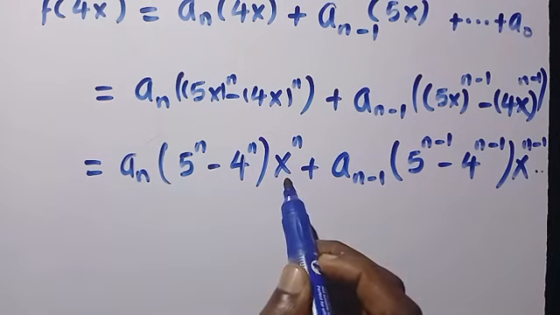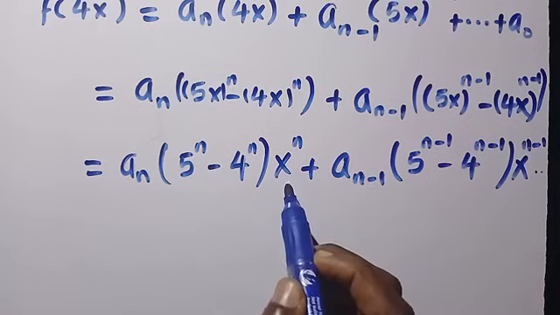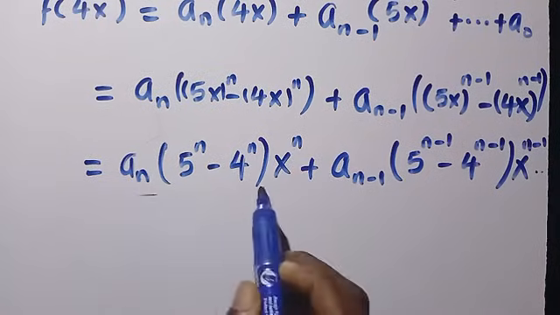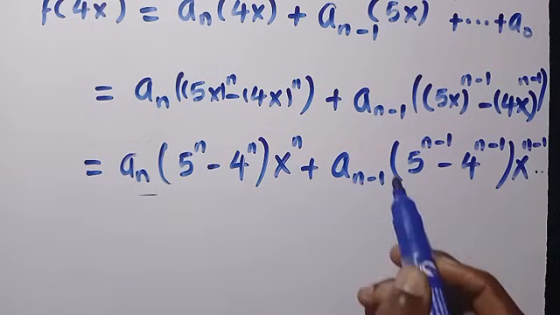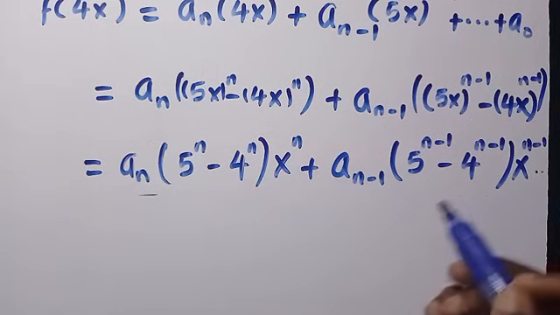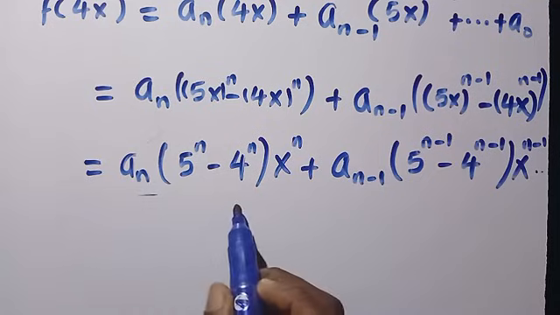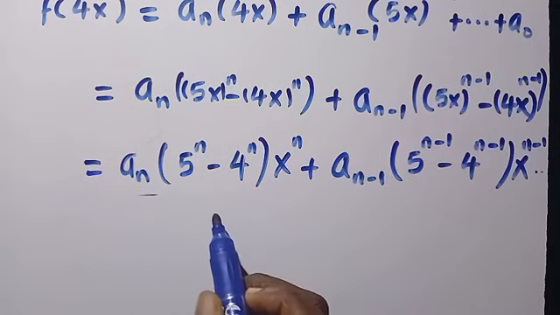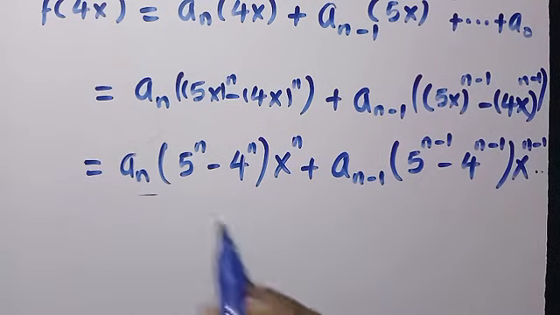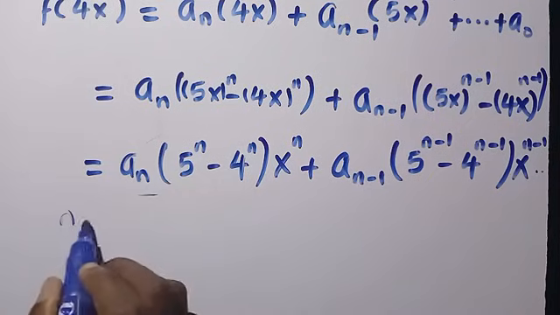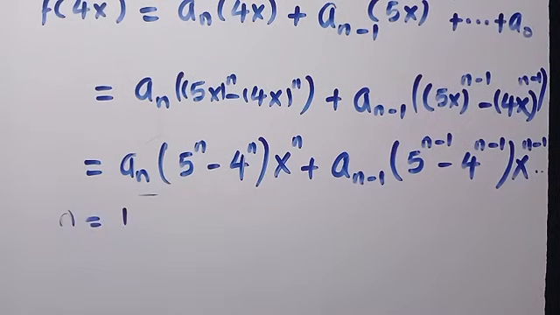Since we need the power of 1 at n equals 1, we are going to stop here because the rest are zeros. The next would be a_(n-1), a_(n-2), and others. Since it is only a linear function at the right hand side, we are going to stop at the first one. Therefore, we consider when n equals 1.